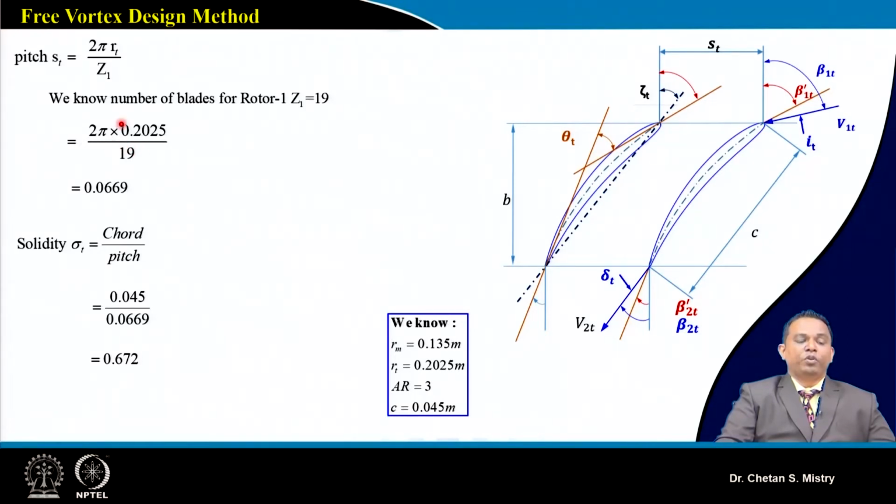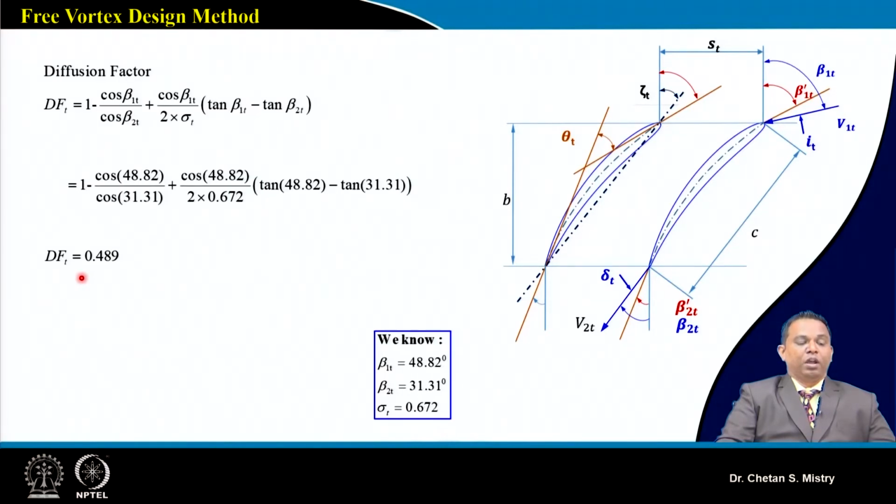Putting 2 pi r with my tip radius as 0.2025 and 19 blades gives a pitch of 0.066, and the solidity is coming 0.672. Based on this solidity and my blade angles beta 1 and beta 2 near the tip station, we are able to calculate the diffusion factor at the tip, and that's coming 0.489.